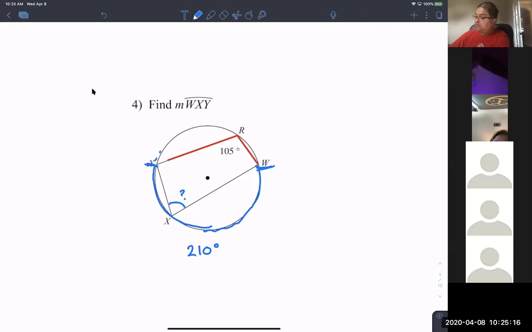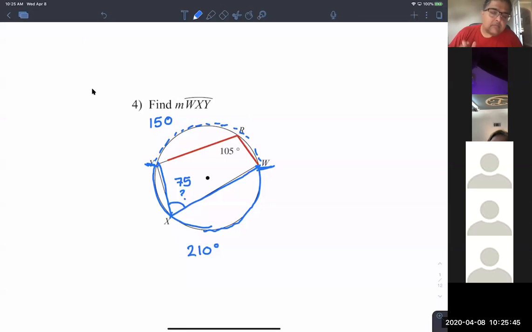So that means whatever's left is 360 minus 210, which is 150. So what does that make X? 75. Sorry, I did it wrong at first. Everyone understand how we did that?